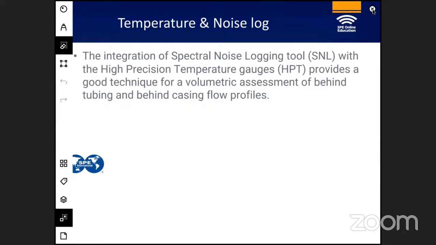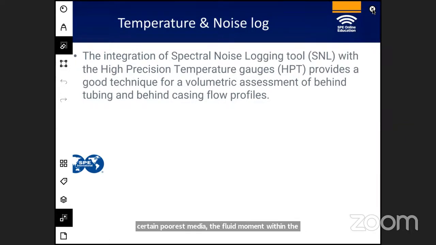The temperature and noise log is a logging tool. It is mostly run in memory mode through slickline. It's called spectral noise log because noise is a frequency. The larger the range of the frequency, the more distinct frequencies we can hear. Each frequency has been attributed or assigned, by way of research, to a certain porous media or fluid movement within the media.